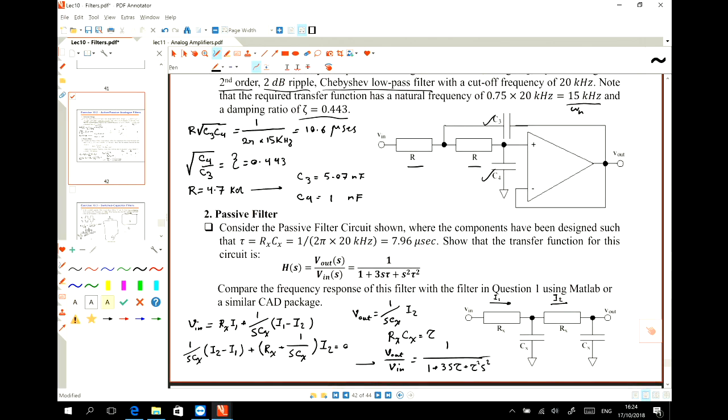If we look at this in more detail, we can write it like this: 1 over tau squared over s squared plus 3 over tau s plus 1 over tau squared.